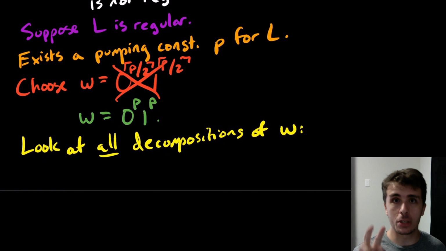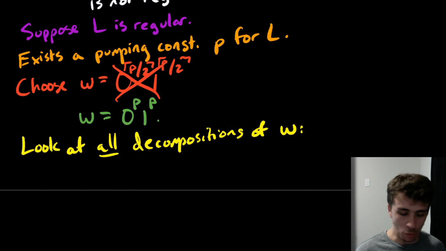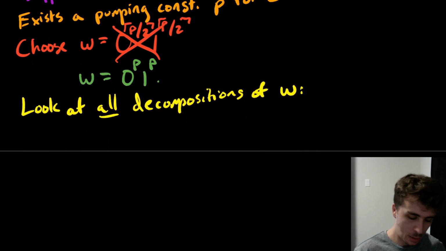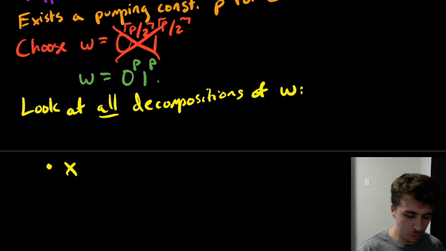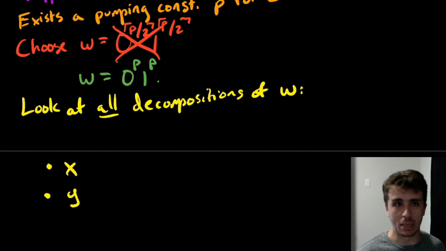So the condition that xy has length at most p means that x and y only have zeros in them, which is the reason why we pick this string over this one. So x entirely consists of zeros, y only consists of zeros, and z is the rest of the string.